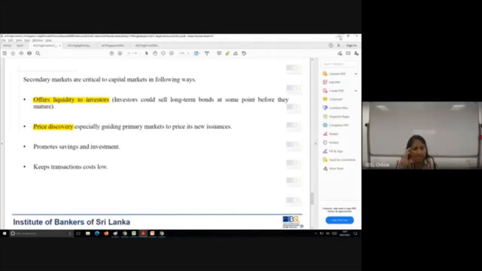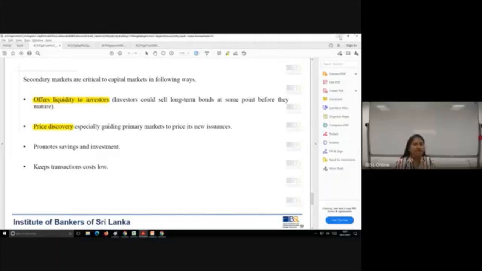Okay, that deciding of the price again is going to be guided by the secondary market activities. In the secondary market, for a similar company share, the price traded is around this price. That is going to help the primary market participants to guide in their pricing.